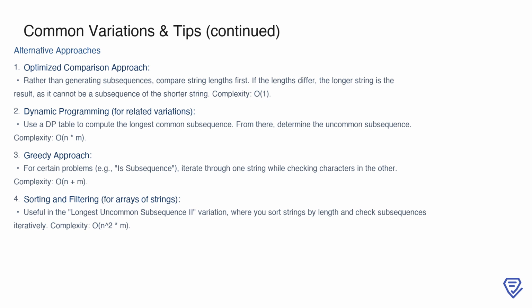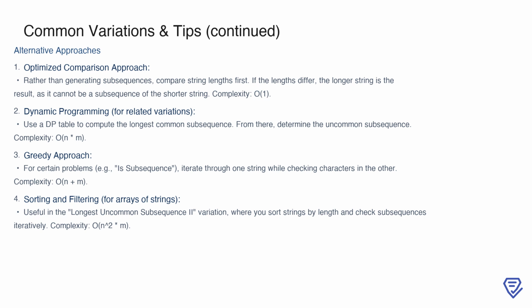For more complex variations, dynamic programming can be used. By building a DP table to calculate the longest common subsequence, you can then determine the uncommon subsequence. This method typically has a complexity of O(n*m), where n and m are the lengths of the two strings. A greedy approach is another option, particularly for problems like Is Subsequence.